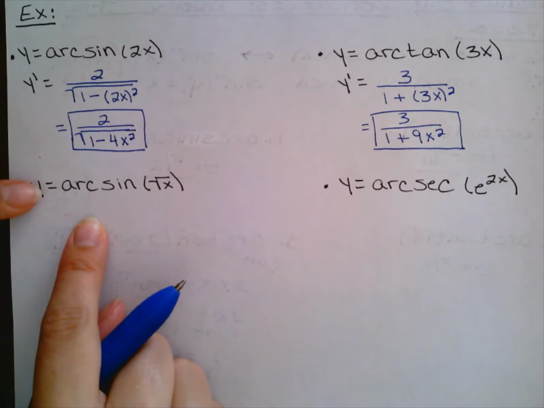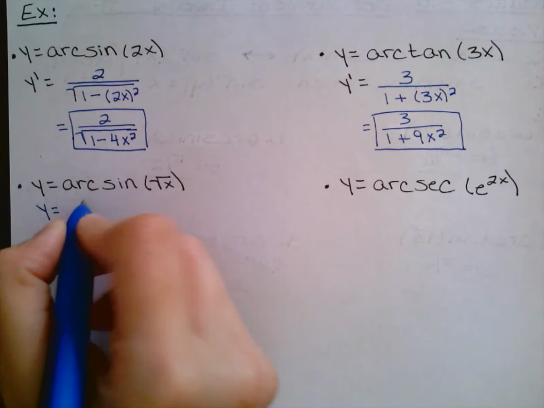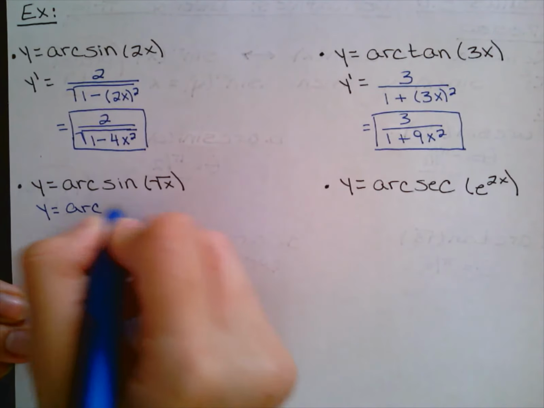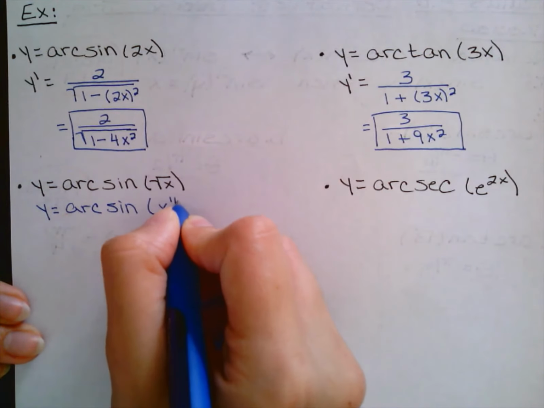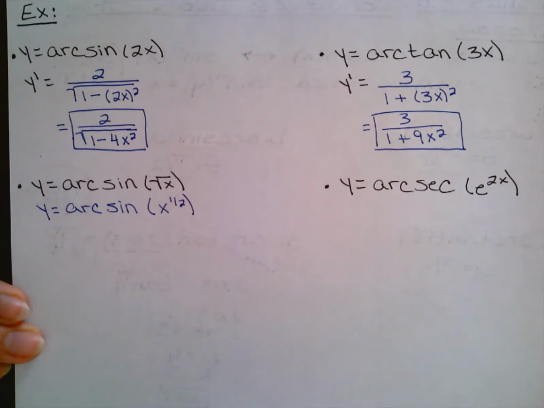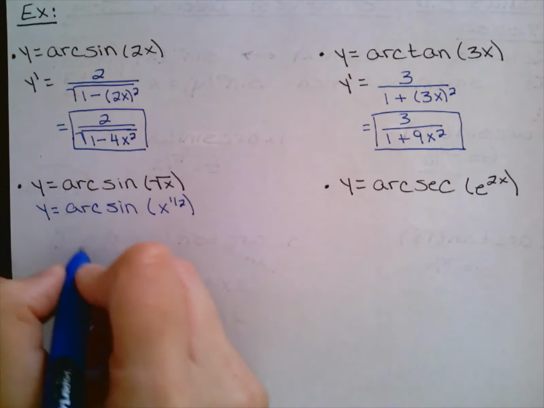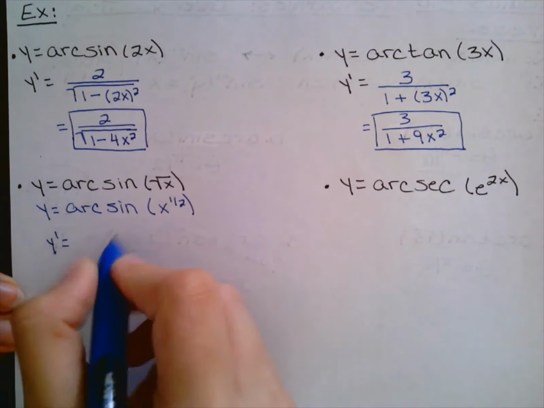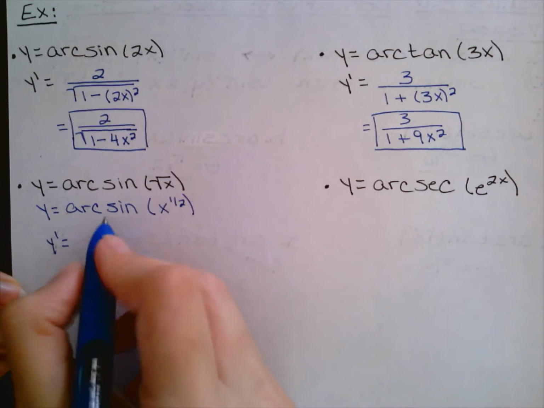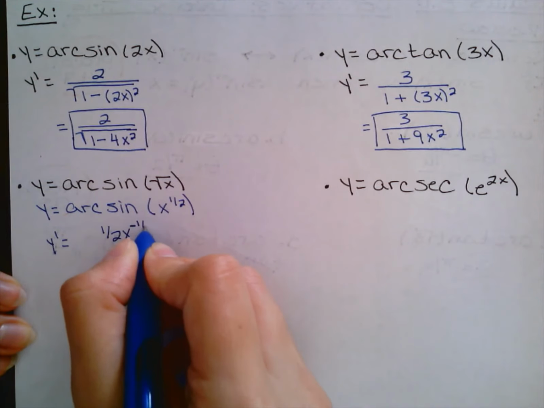All right. Now, let's look at this one. Arc sine of square root of x. If you would like to rewrite it first, always suggest rewriting. If you could do it in your head, fantastic as well. As x raised to the 1/2. Okay. So here we have arc sine's rule is derivative u prime in the numerator. Okay, so here I have a power rule. I have half x raised to the negative 1/2.